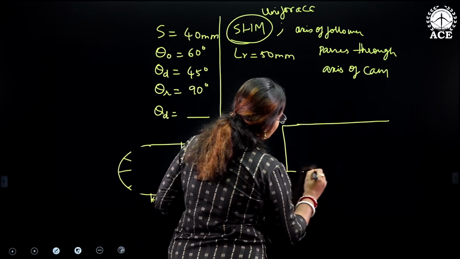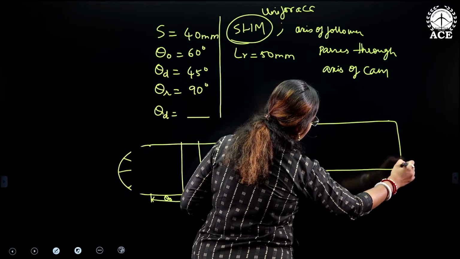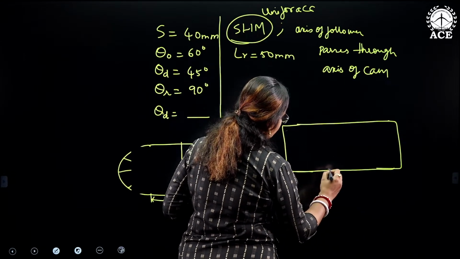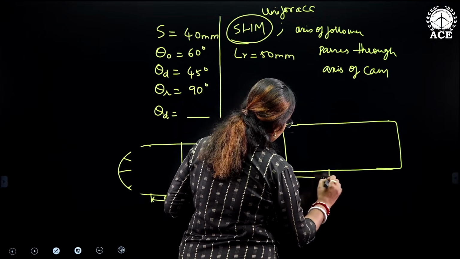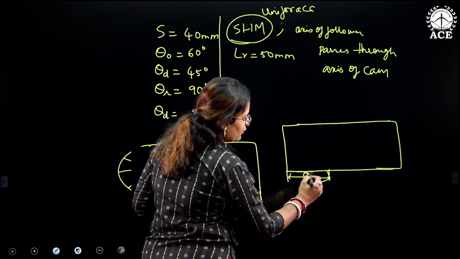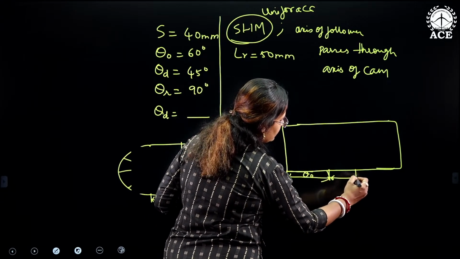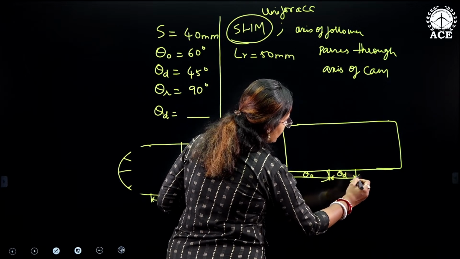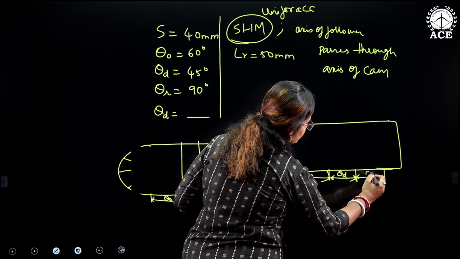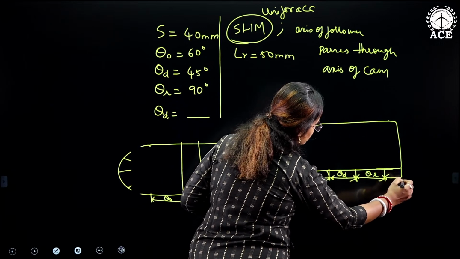With the stroke length, we will draw a rectangle. The first division gives us the outstroke angle theta o, then dwell, then return stroke, and the remaining is theta d.